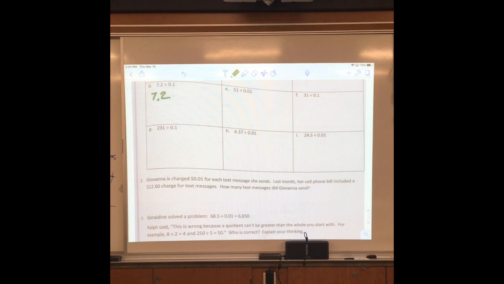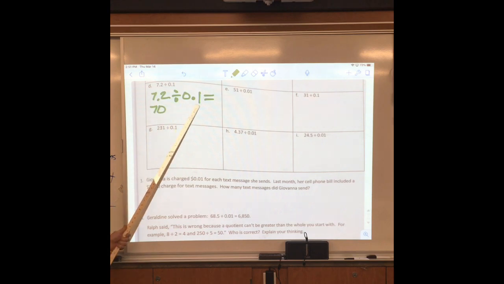7.2 divided by 0.1. What is our 0.1 here? We're exchanging it for dimes, aren't we? If we had $7, how many dimes would we end up with? We would end up with 70 dimes for our $7, right?